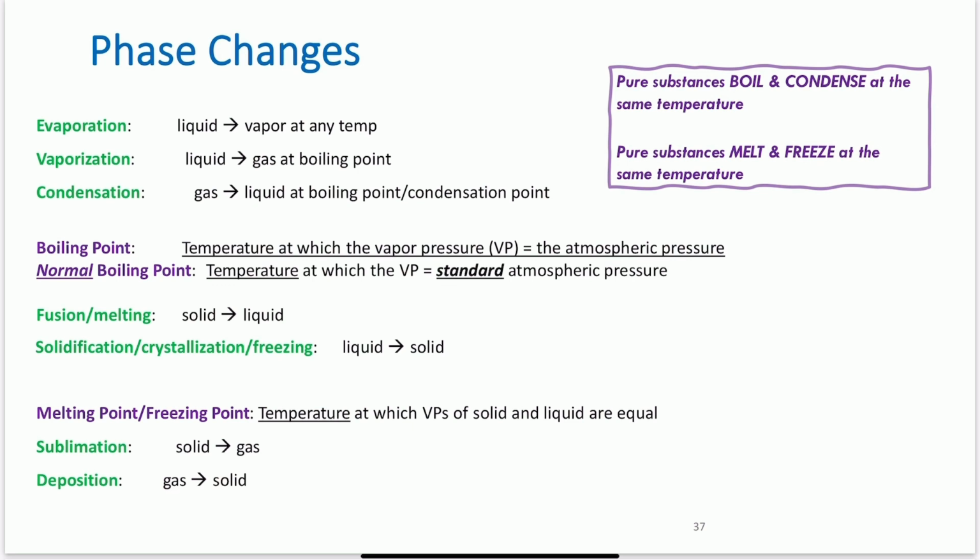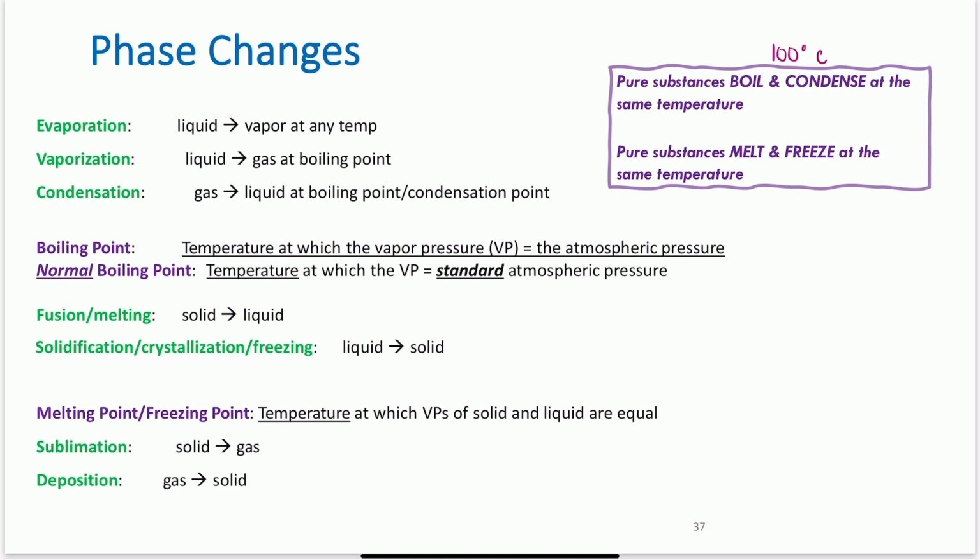This really throws students off when they think about it, but I want you to think about water. We know water, if it's at 100 degrees C, it's going to boil. But what if I have water vapor and I bring it to 100 degrees C and then I cool it down just a little bit more? It's going to condense.